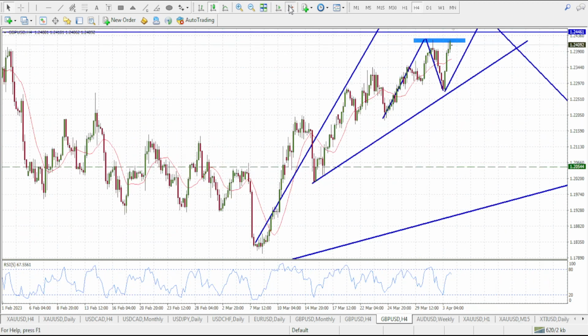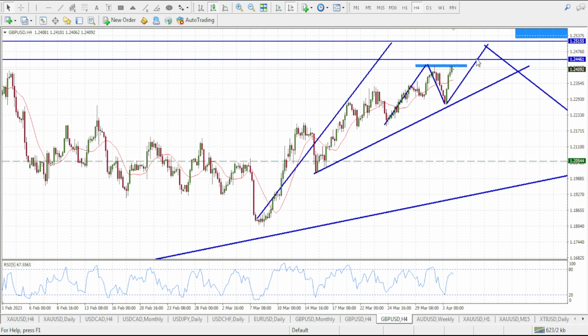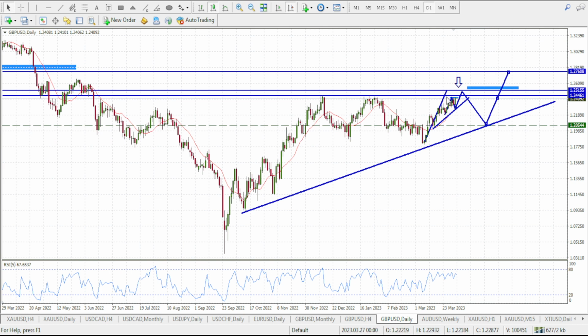So this tiny ABCD pattern, if you see, is completing at 1.25056, and the area is so much important to me because, as I have told you, no doubt if we lose a trade or if we win a trade, but rules are rules, my friend.